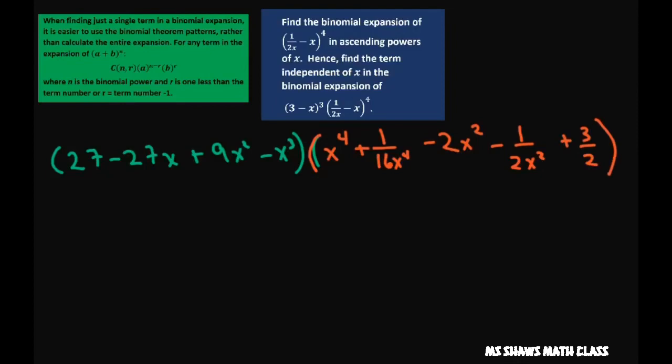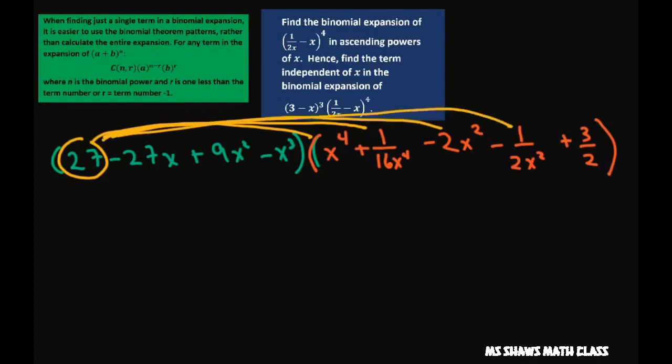And then you want to FOIL all this out. But what you notice is, and this is where I'm going to start making a little bit of a mess here, when I multiply my first term times each of these terms here, all of these are going to have x's in them except this one.